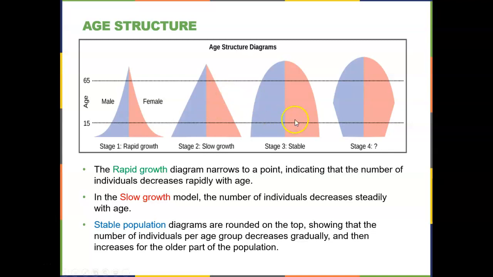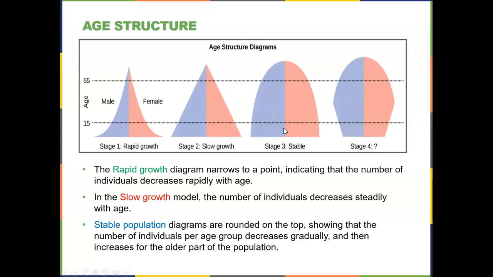Then we move on to stage 3. This is a stable situation where we're no longer triangular. We have bulged out the middle age and the older ages to make a more cone-shaped graph. In this graph, the number of individuals reaching old age is approaching the same as in the younger ages.